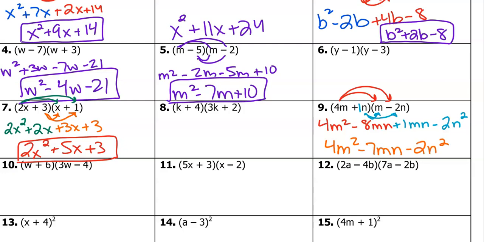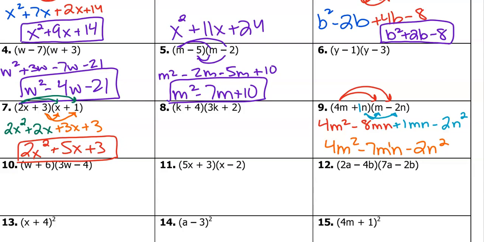Is this in standard form? It is. Is it in alphabetical order? Are my m's first and then the n's? Yes. And then are my exponents in order for my m's? Yes, m squared and then m1. We're good. This is what we did 2 days ago.